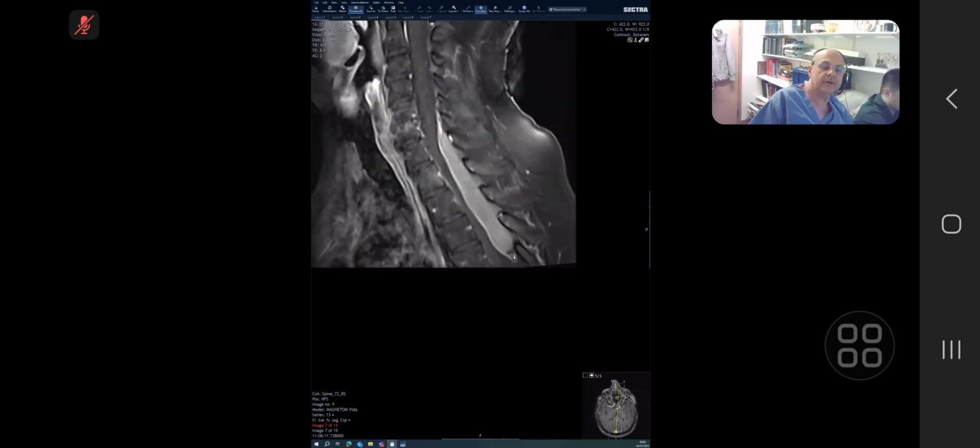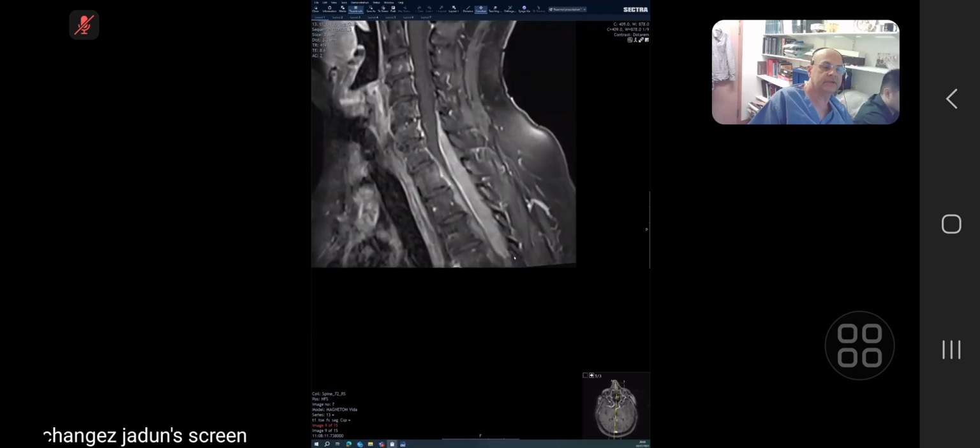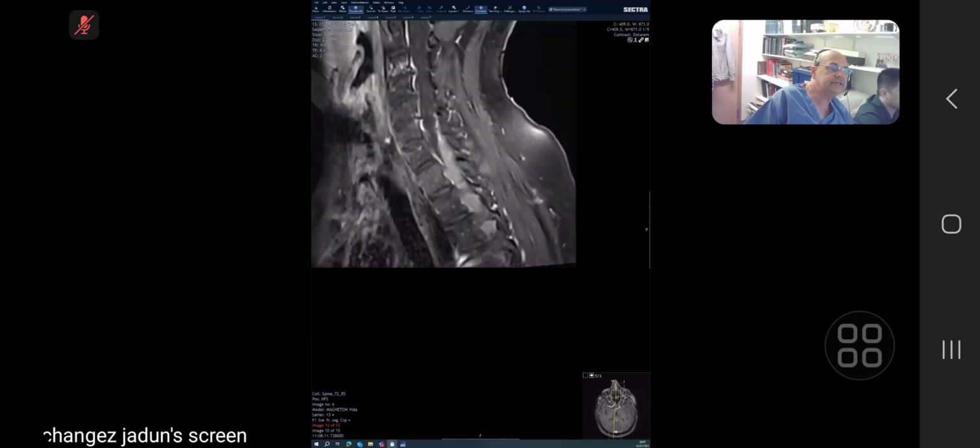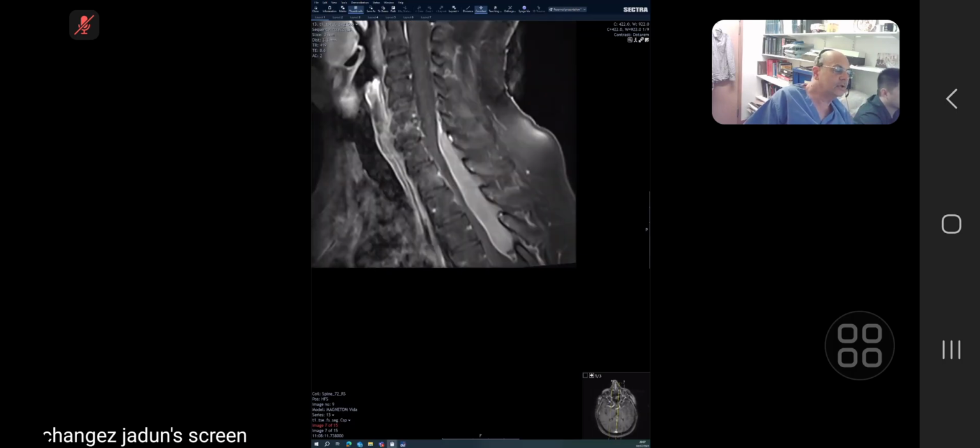That's the common site for lymphomas that you should think of. The two common extradural long lesions that you see in your day-to-day practice are either an epidural abscess, which you ruled out because it is solid, and the other important thing to remember is a lymphoma. Those are the two common things that arise like this. Yes, sir. Good.